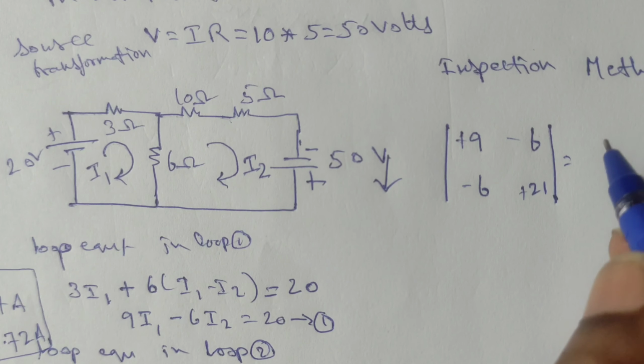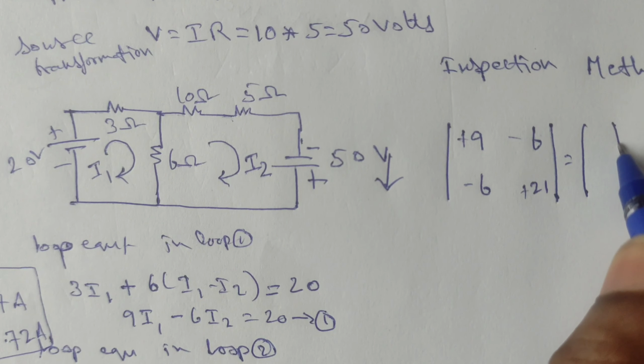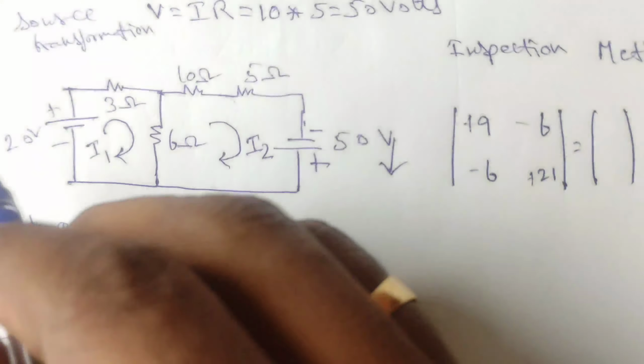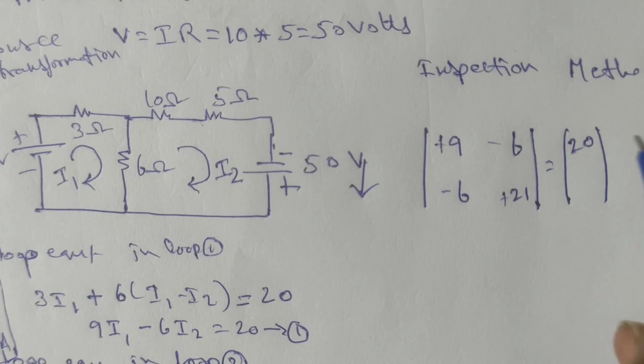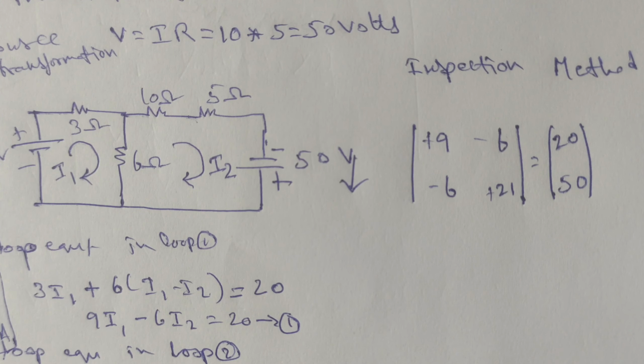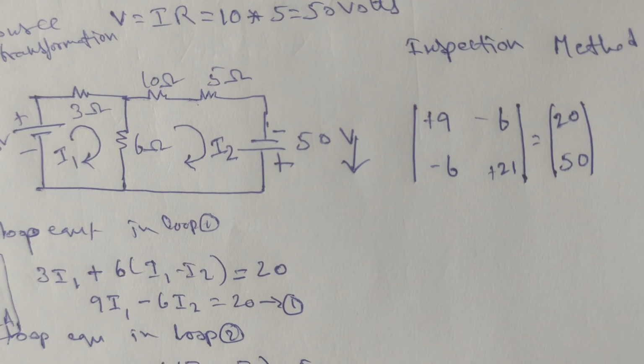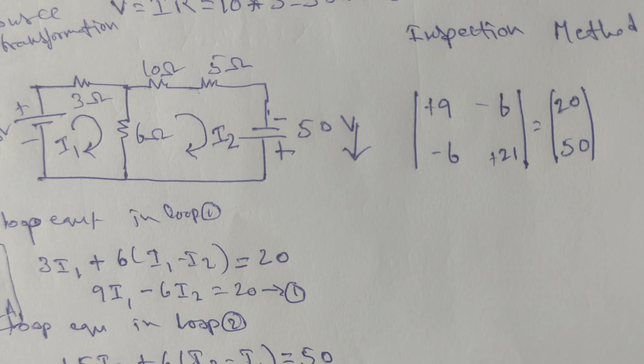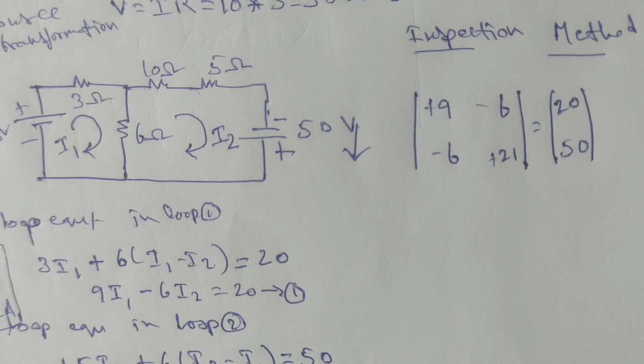That's all, which is equal to the sources as constants. In loop number 1 we have 20 volts and in loop number 2, 50 volts. So this is another way of verifying whether you got the correct equations or not, and this method is also called the inspection method.